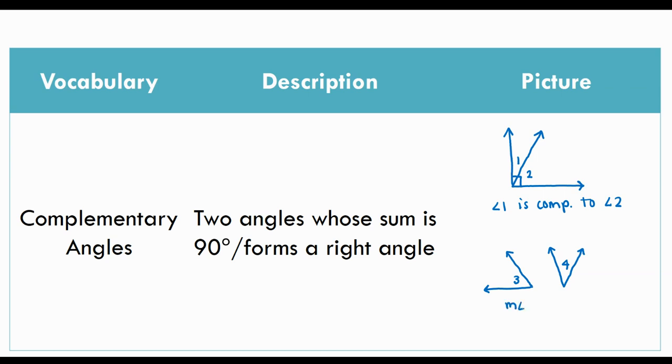As long as I know that the measure of angle 3 plus the measure of angle 4 adds to 90 degrees, or that I have two angles that form a right angle, then I can say that angle 3 is complementary to angle 4. So sometimes the two angles might be connected together, sometimes they might be two separate angles, but as long as they form that right angle or form 90 degrees, they are complementary.